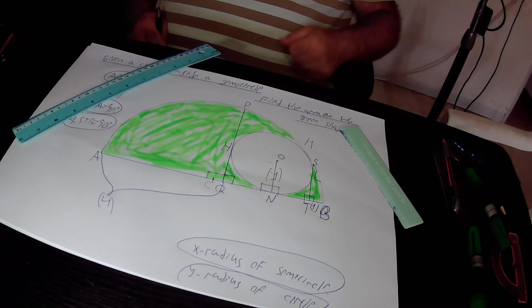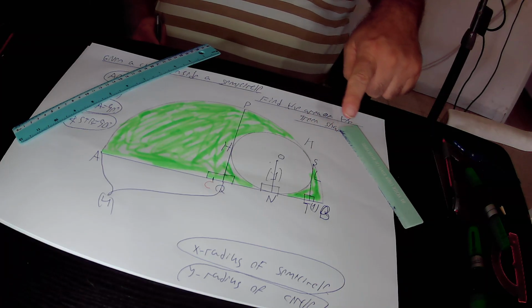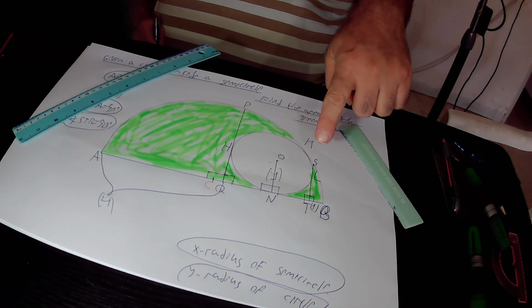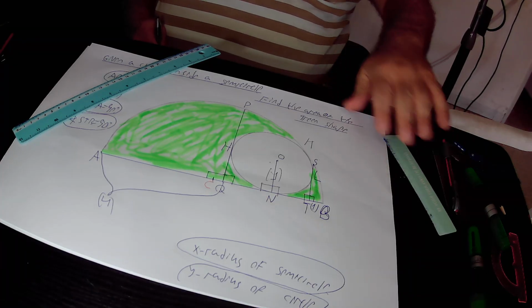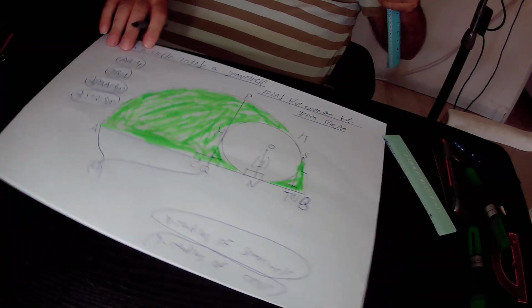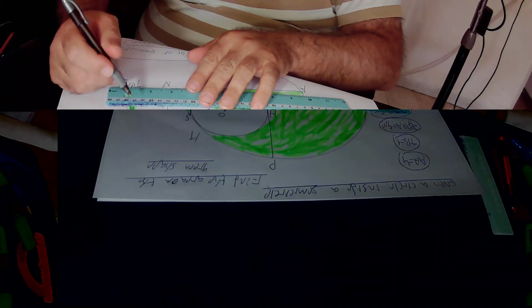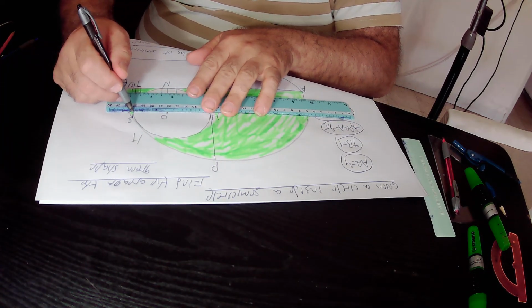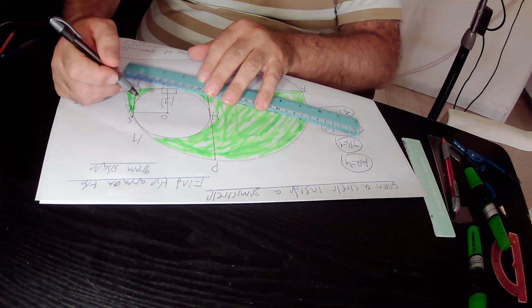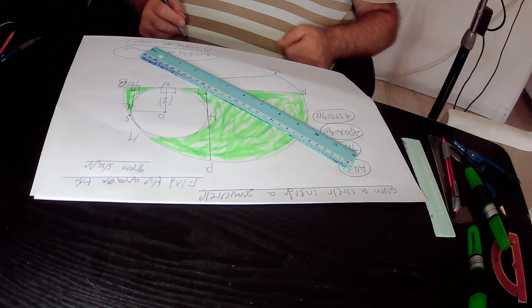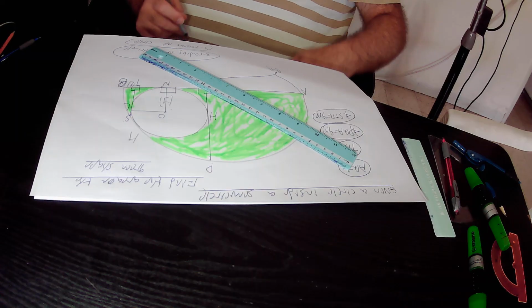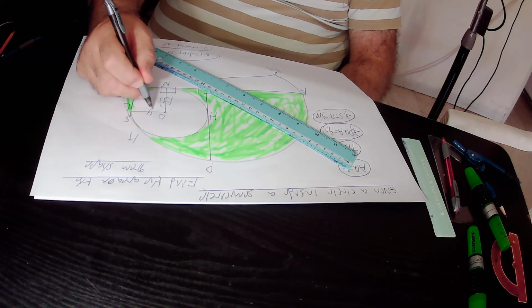In the next step, we join points O and L together by a straight line. OL is of course the radius of the small circle. This equals y.